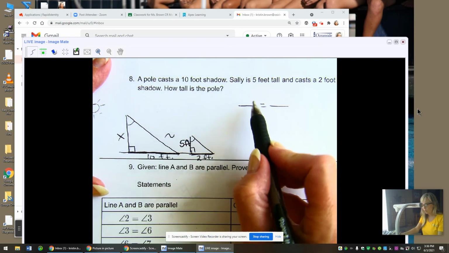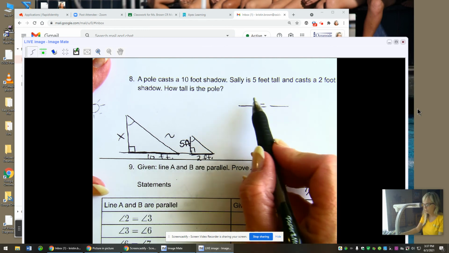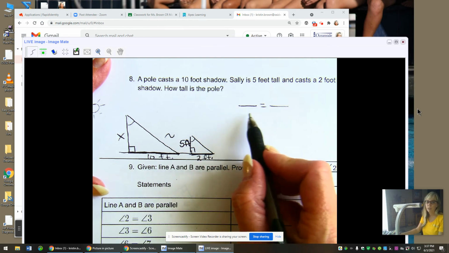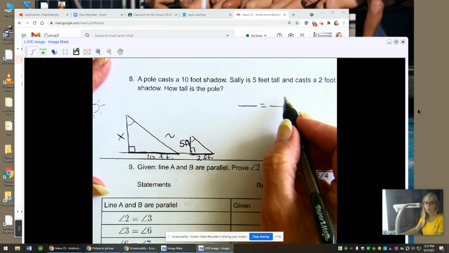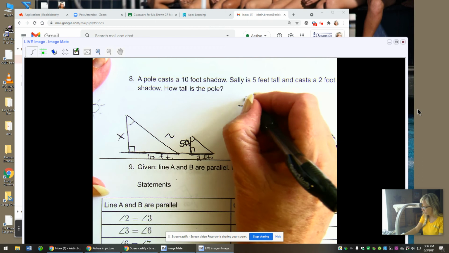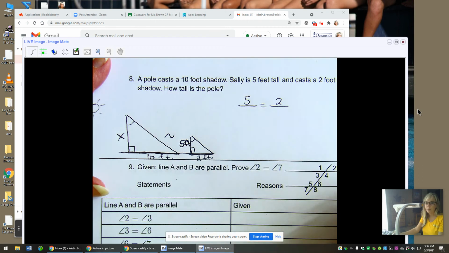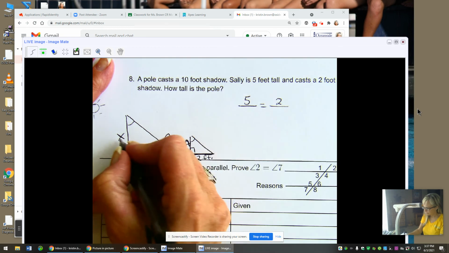So we can set up a proportion problem. The way we've set it up is we've had the same triangle's information in the numerator, the same triangle's information in the denominator, and corresponding parts within each fraction. So if I have 5 and 2 in the same triangle, I can put them anywhere I want. But if I put 5 in the numerator, I have to put 2 in the numerator of the other fraction. What corresponds to 5 is the x.